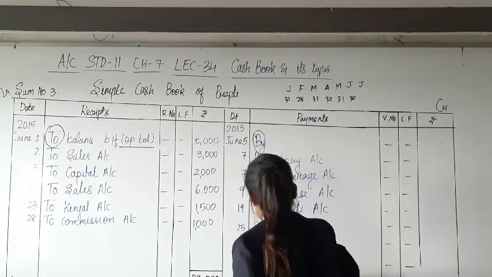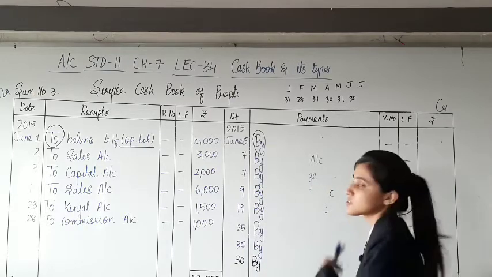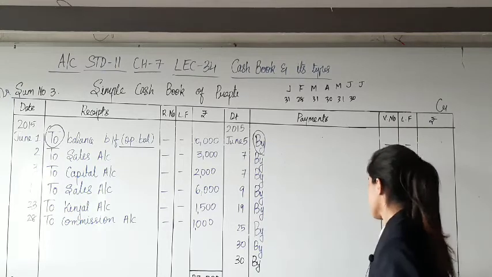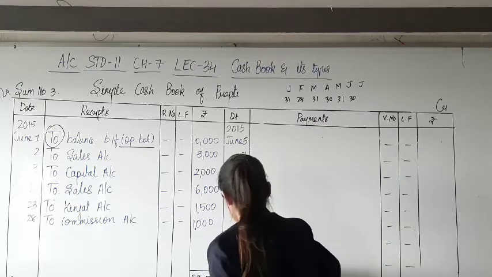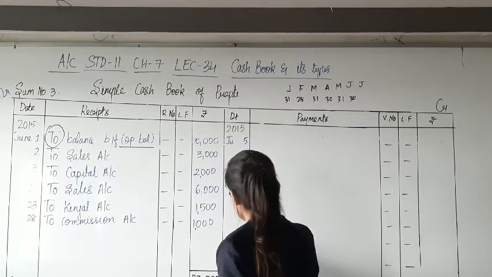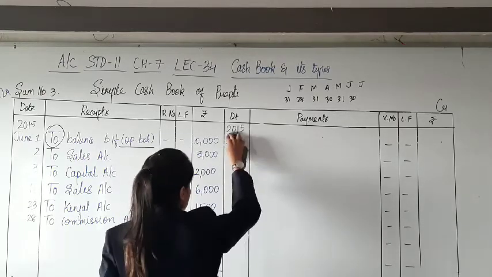But in two columnar cash book you are having two columns on each side, on debit side as well as on credit side. On the debit side you will be having a column for discount and cash. Again on the credit side you will have a column for discount and cash again.